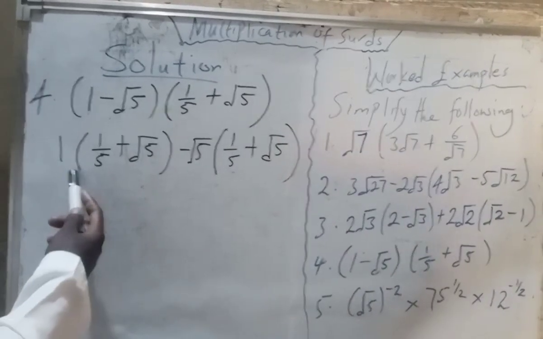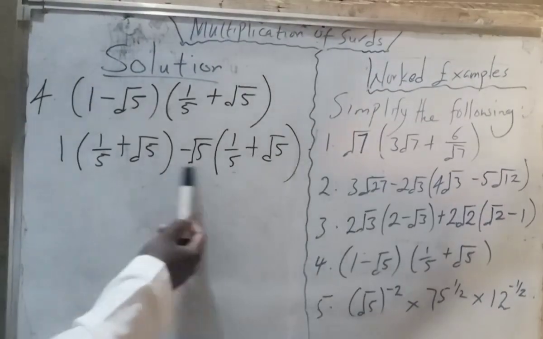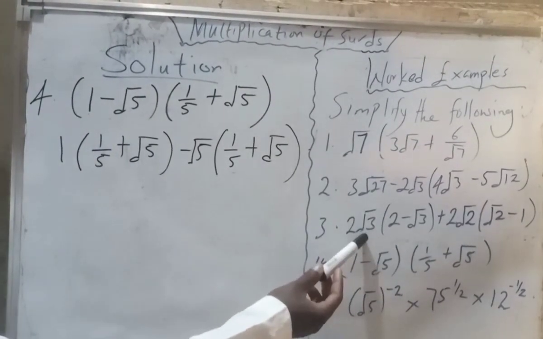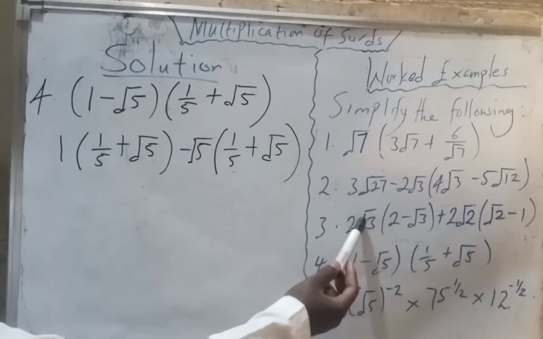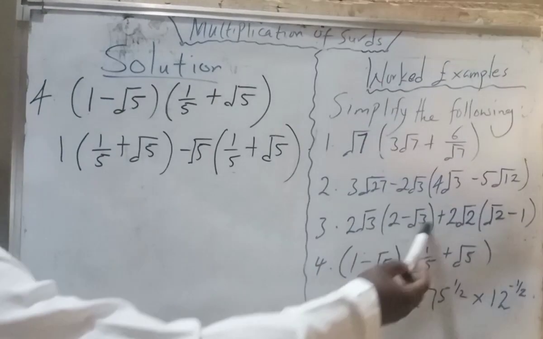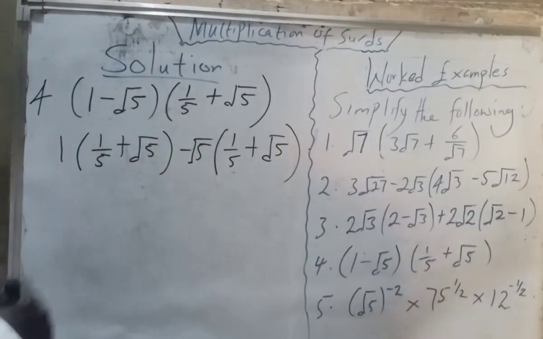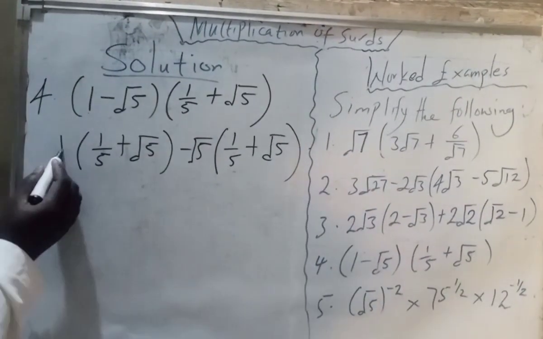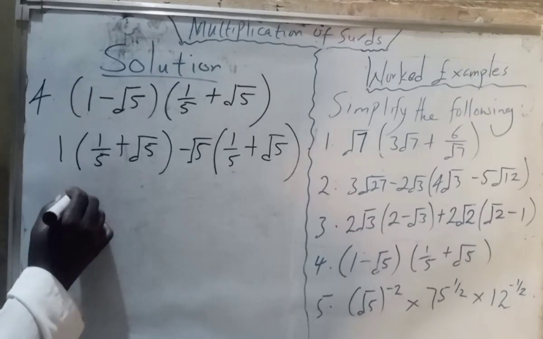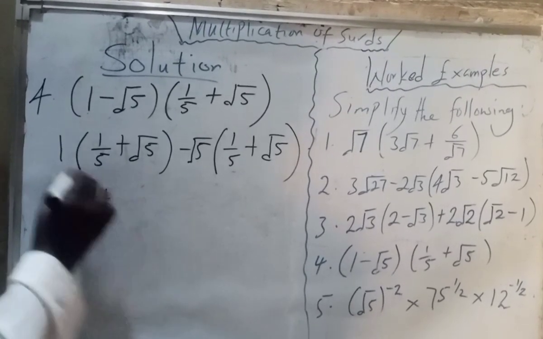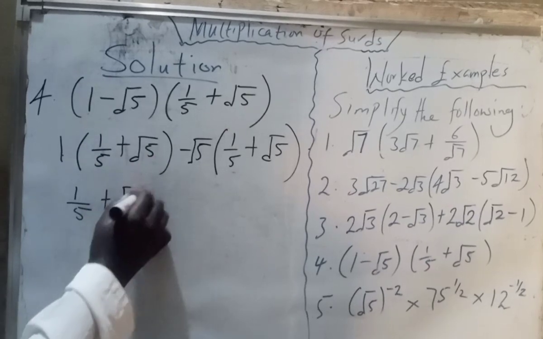So when you do it like this, you can now use the approach we used in example 3, where we use each of the terms outside the bracket to multiply by the terms inside the bracket to simplify this. So after this, 1 by 1 over 5 will give us 1 over 5, plus 1 by root 5 is root 5.